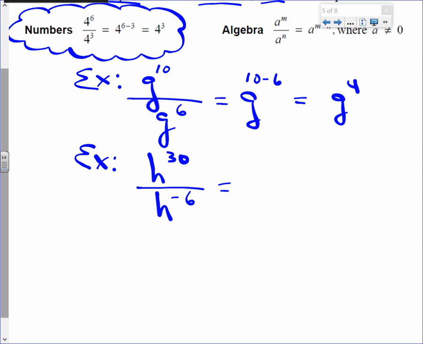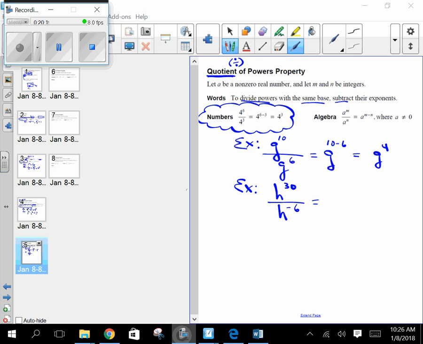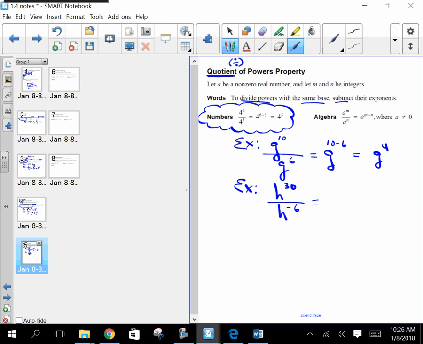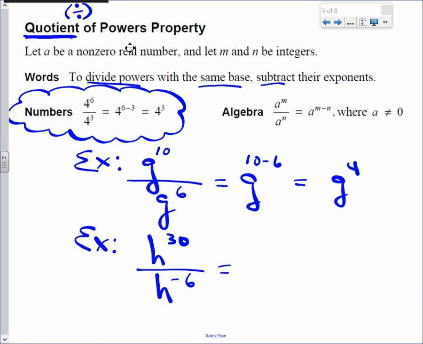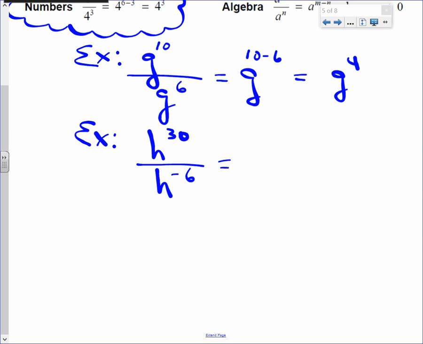Little curveball. You could, or you could just follow the rule. Somebody help me. What would it be? Close. Help Castro out, somebody.